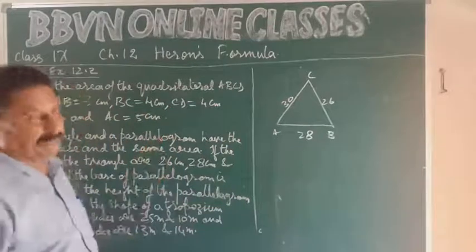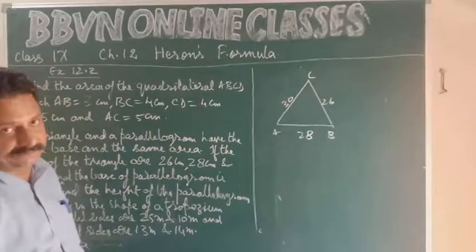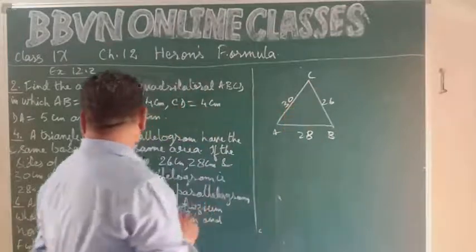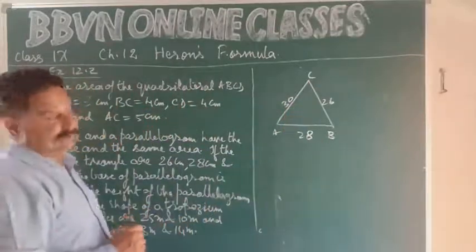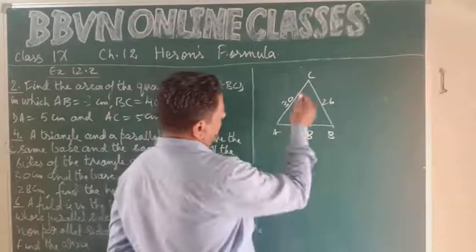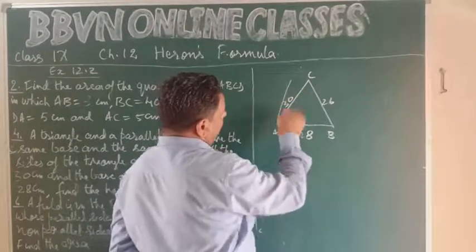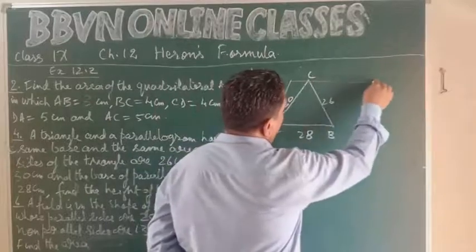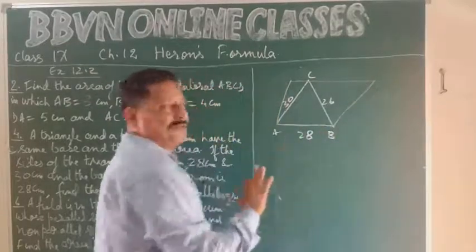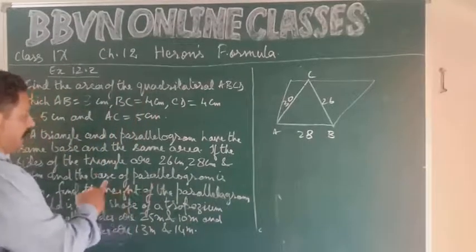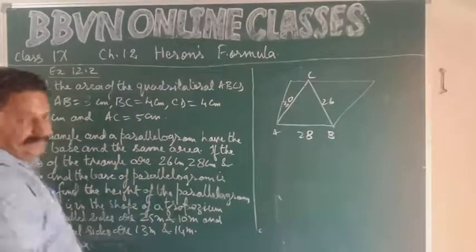On the same base, we have a parallelogram whose area is equal to the area of the triangle. We don't know the height. The question says we have to find the height of the parallelogram.